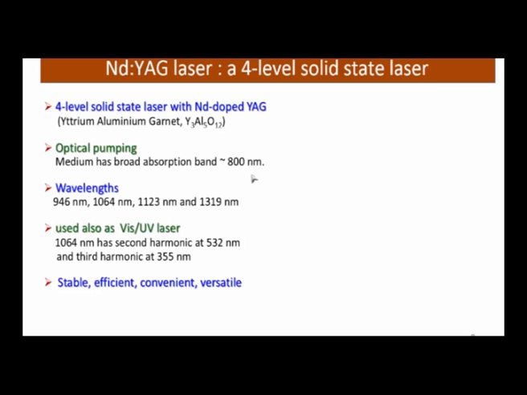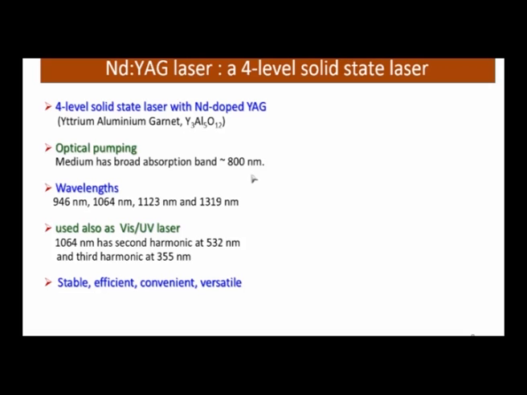Similarly, using a nonlinear optical medium such as a KDP crystal or ADP crystal, there are several crystals like that, you can also get a third harmonic. You give frequency omega, you get 2 omega and 3 omega. 2 omega is called second harmonic, 3 omega is called third harmonic. What will be the wavelength?